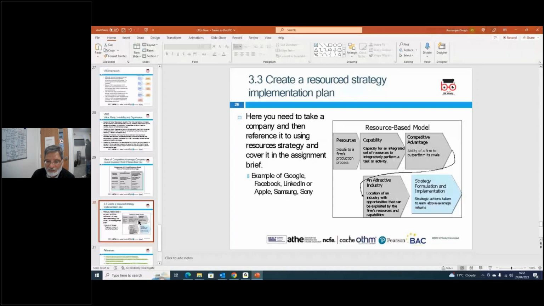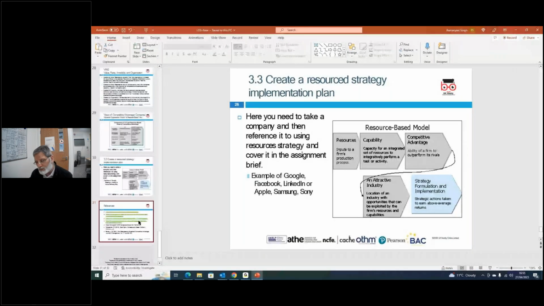So once you've done your analysis, you can create your implementation plan depending on the resources that you have, and getting feedback from the people, the organization, your customers and stakeholders, you can implement that plan. You can review that plan, and you can evaluate that plan. Because strategy is always about planning, implementation, and analysis.